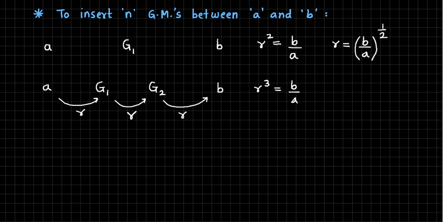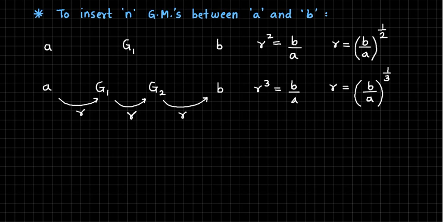That is, if we take the ratio from end to end, that is last term divided by the first term, that will give us r cube. So here r turns out to be b upon a whole raised to 1 by 3. So we'll have to take the cube root of b upon a.